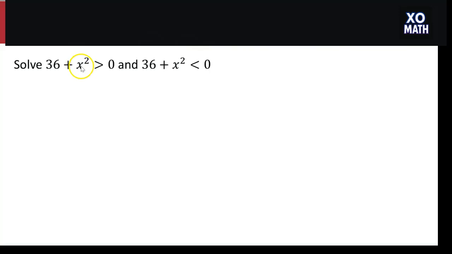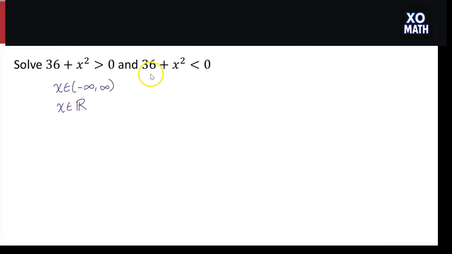And even the biggest negative number you can think of, if you square it, that makes it positive. Then you add 36 and you're still greater than 0. So the solution set here is all real numbers, which we can express as x values in the interval from negative infinity to infinity. Sometimes this is written as x in boldface R for all real numbers.